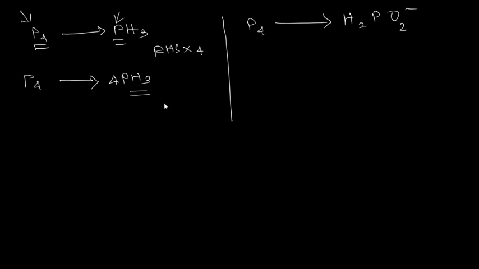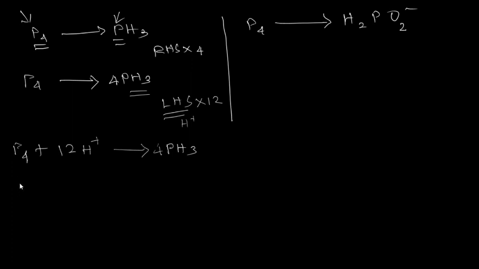For balancing the hydrogen, we have to add H plus ions on the LHS. We have 12 H here, so we have to add 12 H plus ions on the LHS to balance the hydrogen.